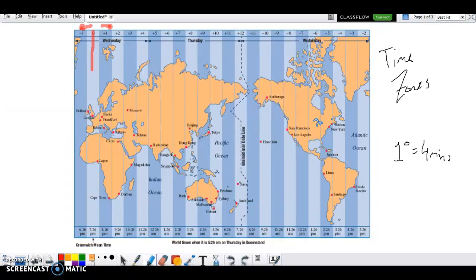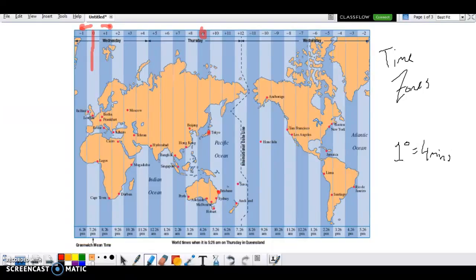So, Tokyo, here it is. It is plus 9 hours. So that means that if it's 12 a.m., so middle of the night in London, then it's going to be 9 a.m. in Tokyo. In Brisbane, we're plus 10. So midnight London is 10 a.m. Brisbane.